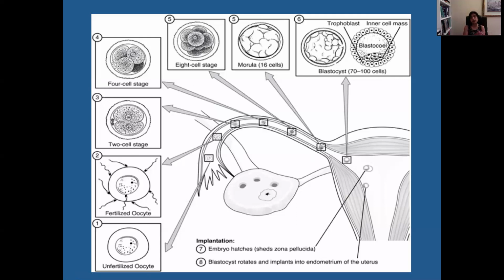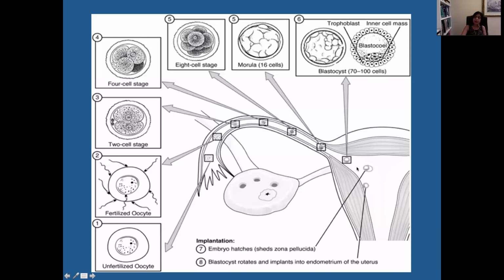Why? Zona pellucida restricts the size from expanding. So as cell divisions continue, the cells become smaller and smaller. So that's around day 6.